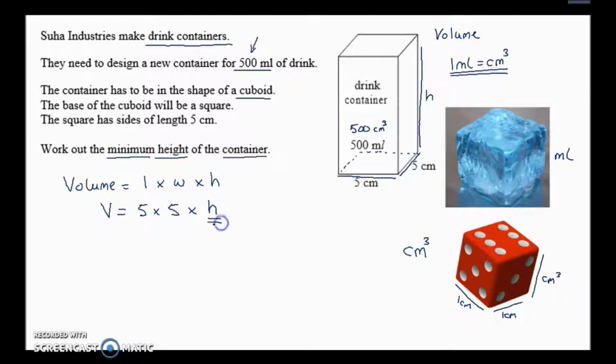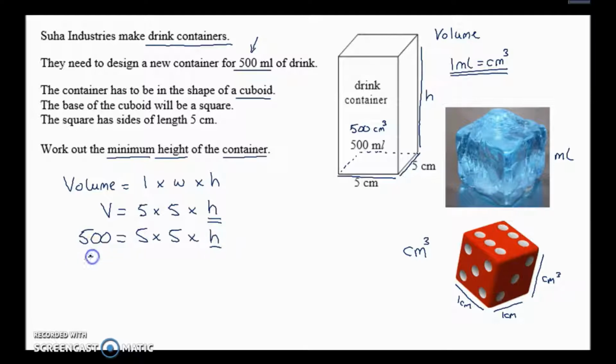We're looking for the height, but we do know the volume. We know how much drink we've got to get in there, 500 millilitres, which is 500 centimetres cubed. So 500 is the volume, and we're only missing one thing now, the height.